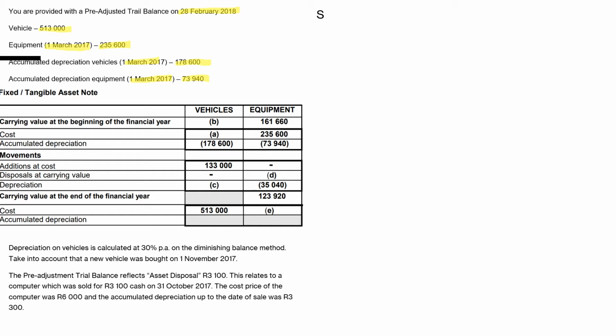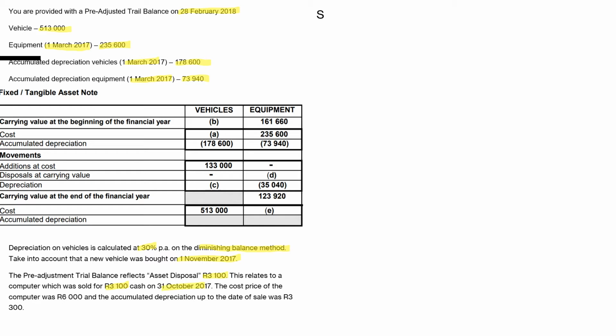Then in the additional statements, the depreciation of vehicles is calculated at 30% per annum on the diminishing balance method. Take into account that a new vehicle was bought on 1 November 2017. So the year is running from 1 March 2017 to 28 February 2018. The pre-adjustment trial balance reflects an asset disposal of 3,100. This relates to a computer which was sold for 3,100 cash on 31 October.